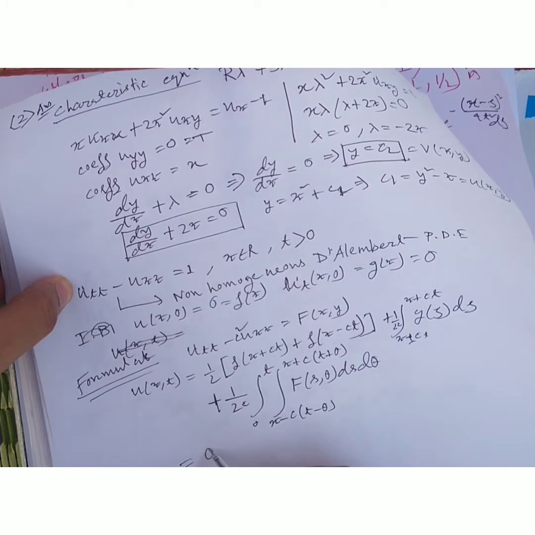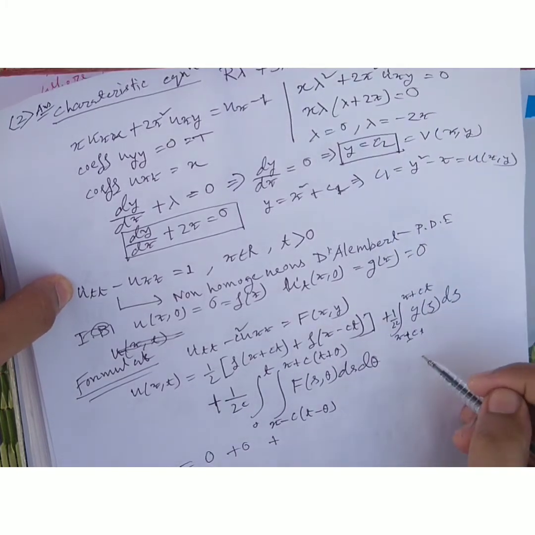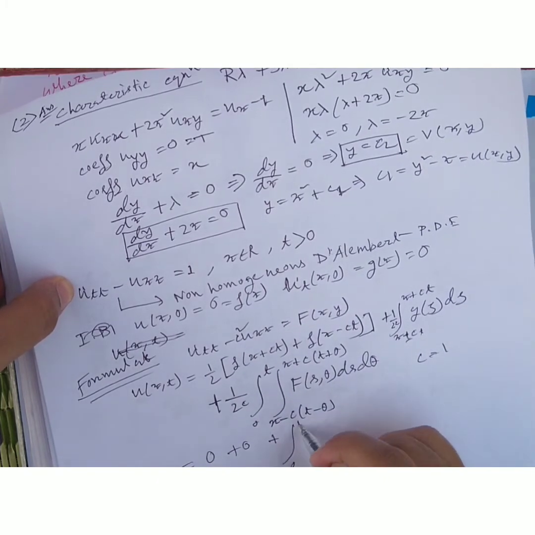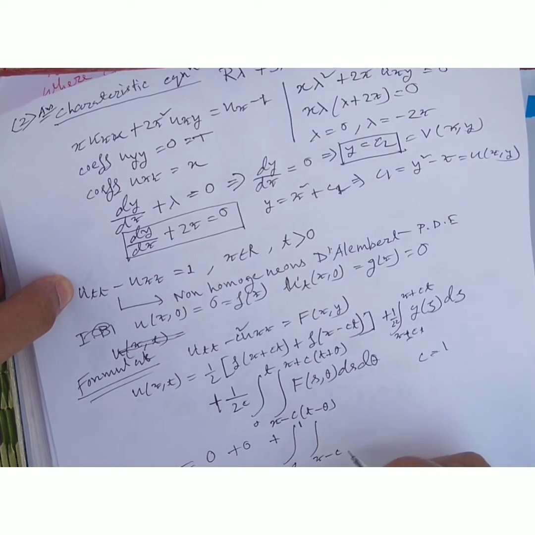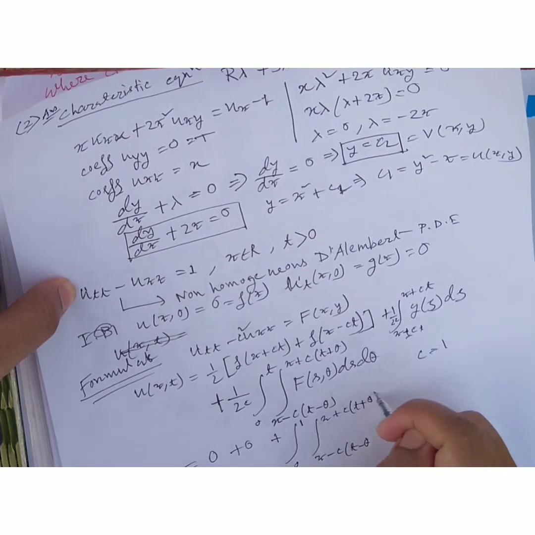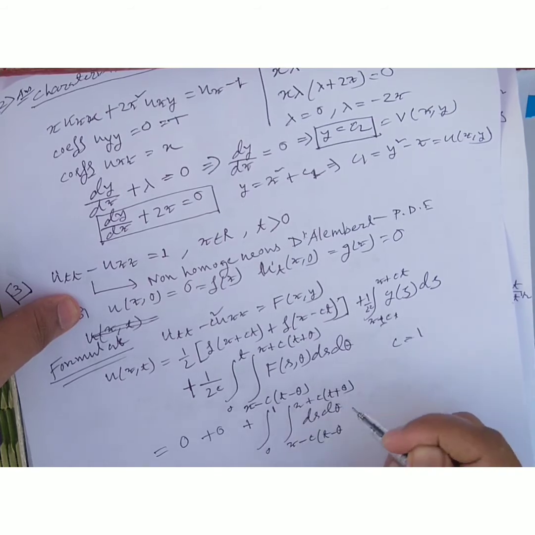Here f is 0 and g is 0, and c is 1, so I get only one term: the integral from 0 to t and from x-c(t-theta) to x+c(t-theta) of f(s,theta), which is 1, so I get ds d theta.